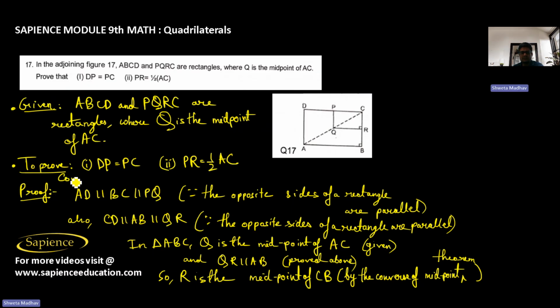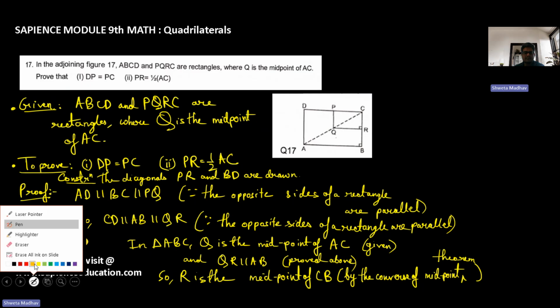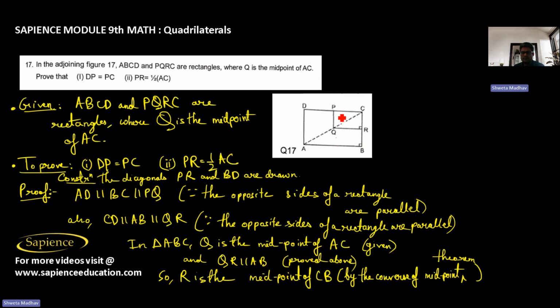Here actually we need one construction. The construction is that the diagonals PR and BD are drawn. We have PR, it is this one, and BD also we have to draw.